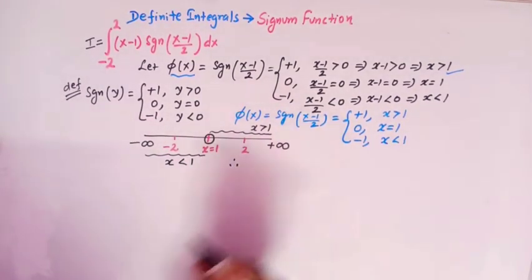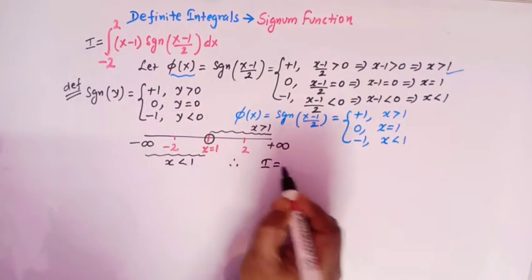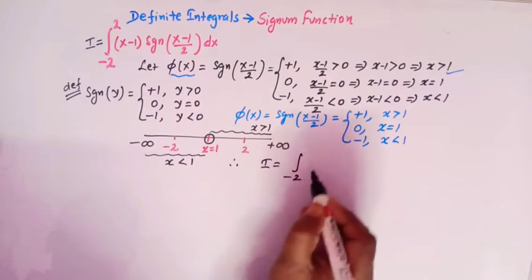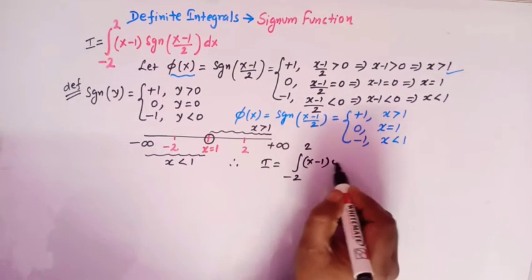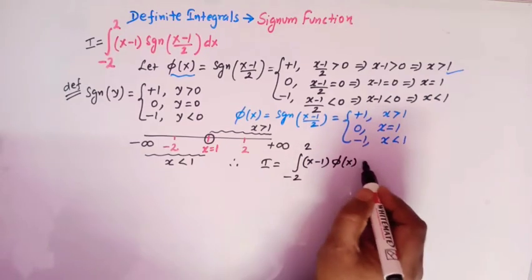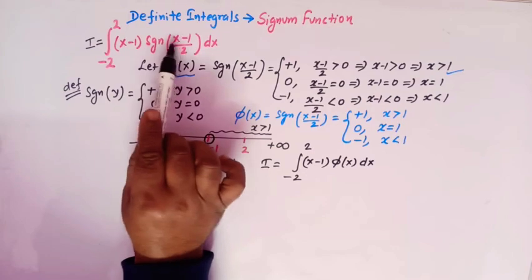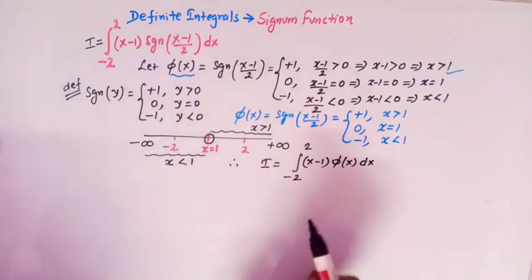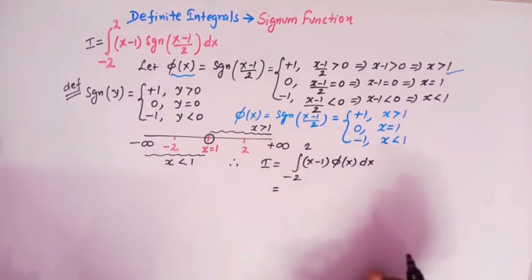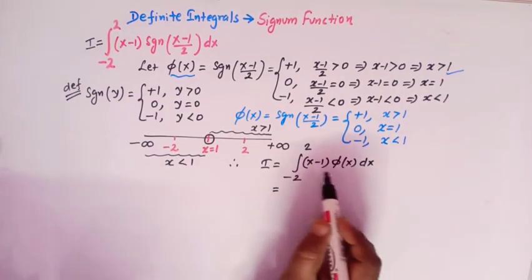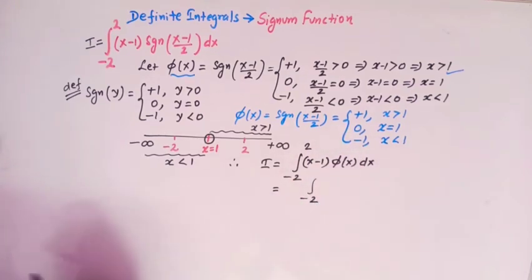Now we have this integral I as the integral from minus 2 to 2 of x minus 1 and phi of x, where we are denoting signum of x minus 1 over 2 as phi of x. Let us split this integral as a sum of two integrals.